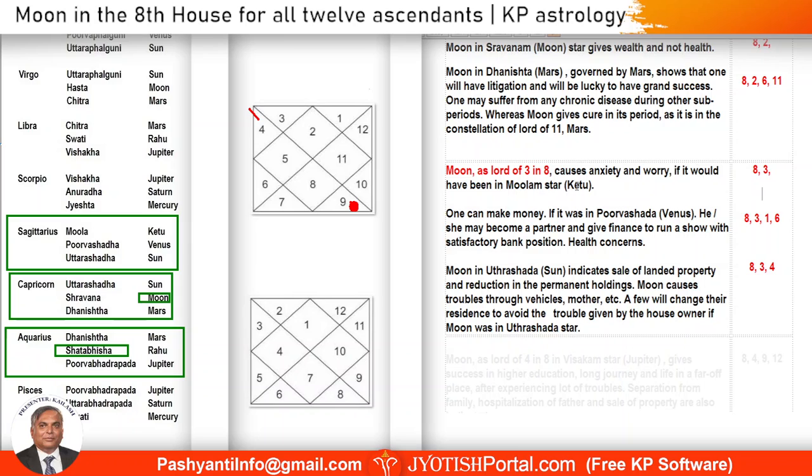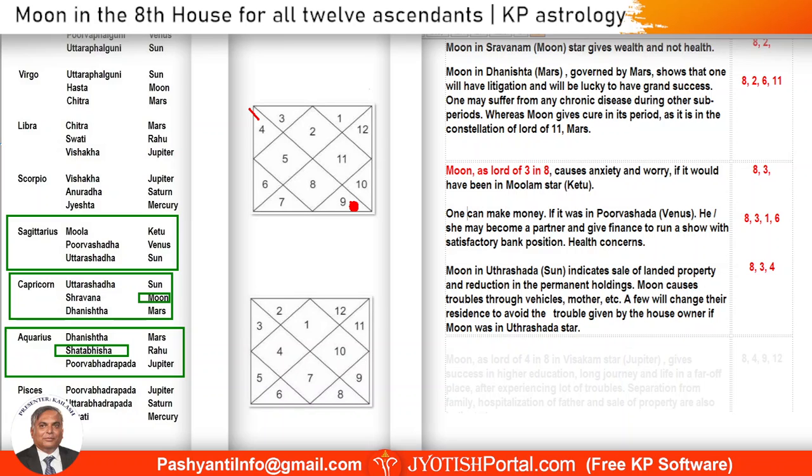So, Moon in the Sagittarius sign in the star of Ketu, the actual interpretation depends on what sign Ketu might be occupying in a person's horoscope. And now let's move on to the Moon in the star of Venus.